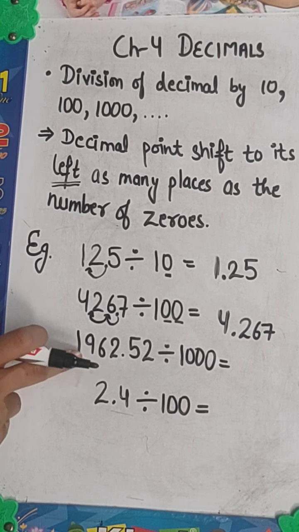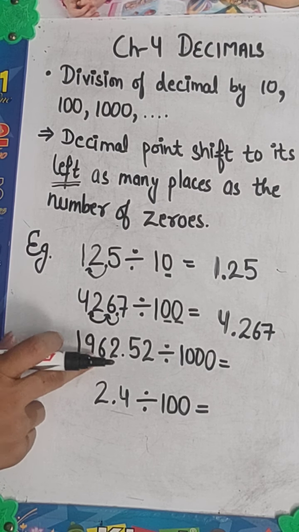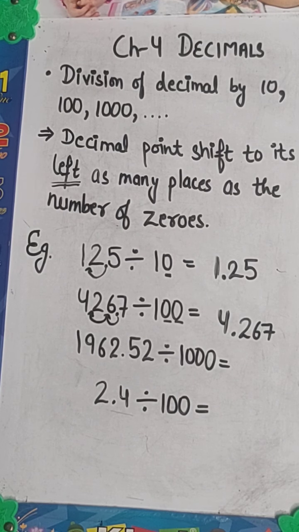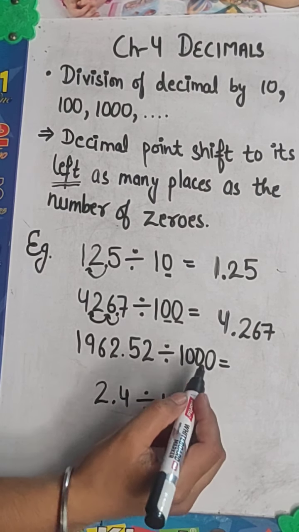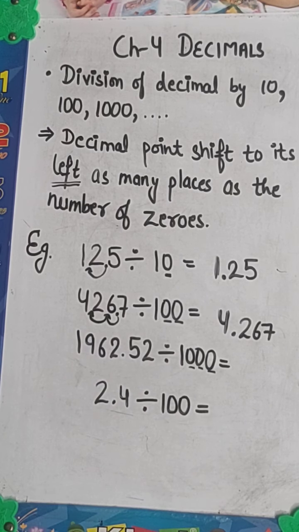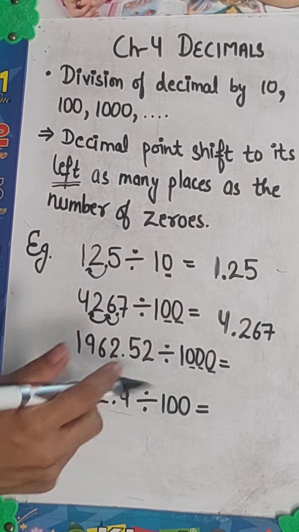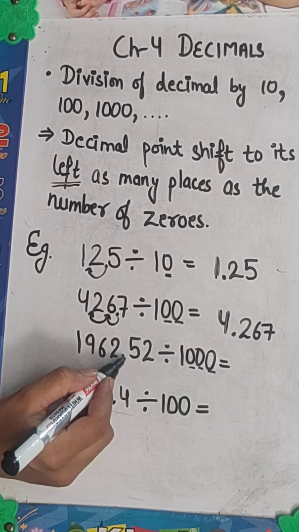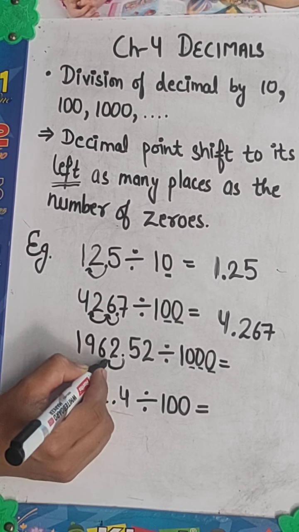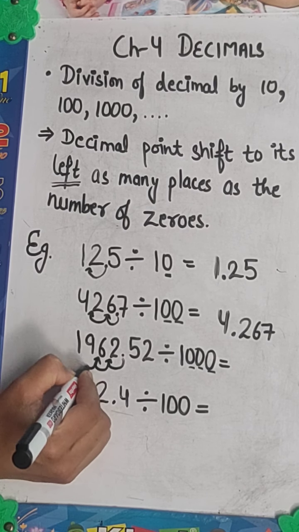Now come to the third example. Supposedly if I have to divide 1962.52 by 1000. If I have to divide these two numbers, you have to count the number of zeros. Here we are having 3 zeros, 1, 2 and 3. So the decimal place will shift 3 places to the left, 1, 2 and 3.